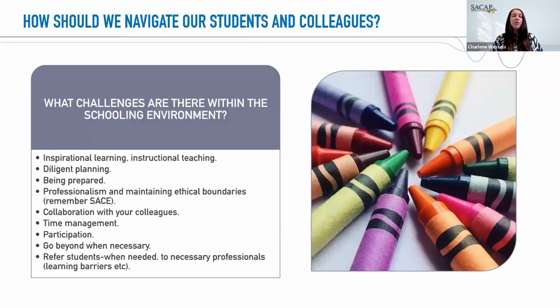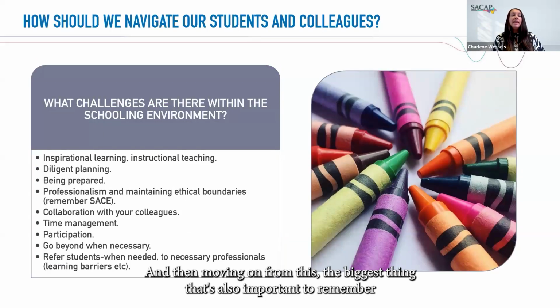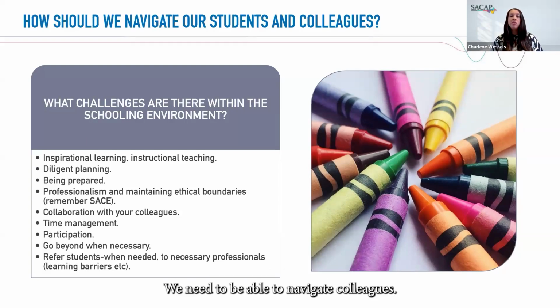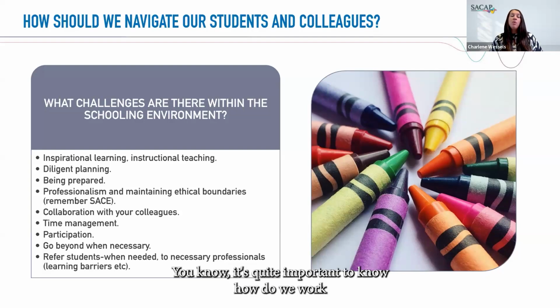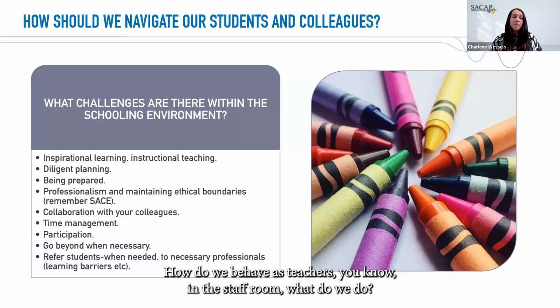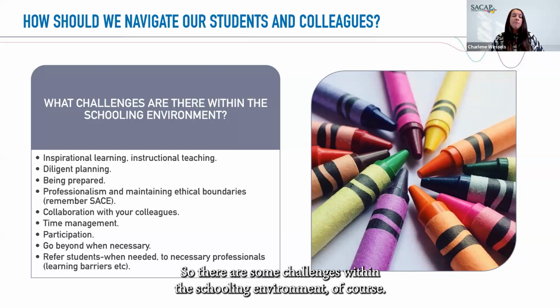And then moving on from this, the biggest thing that's also important to remember is that we need to be able to navigate students, we need to be able to navigate colleagues. It's quite important to know, how do we work with the students in our class? How do we work with colleagues? How do we behave as teachers in the staff room? There are some challenges within the schooling environment, of course.